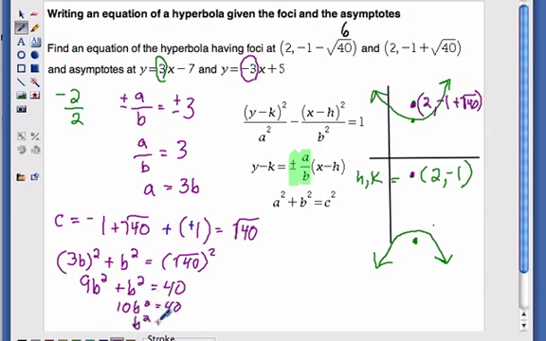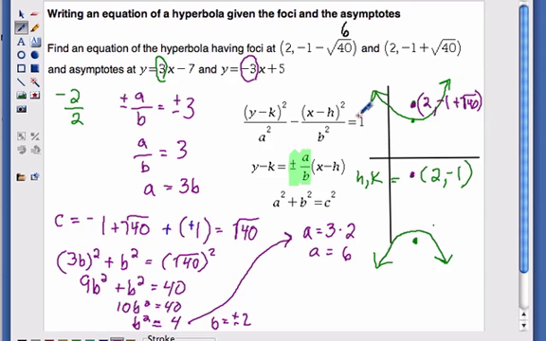I divide both sides by 10, so b squared equals 4. We have our b value, so we need to find the a value. We plug that back into this equation right here, a equals 3b. If b squared equals 4, we take the square root of both sides and get b equals plus or minus 2. Now remember, b is always positive since it's a distance, so b is 2. So a equals 3 times 2, which is 6.